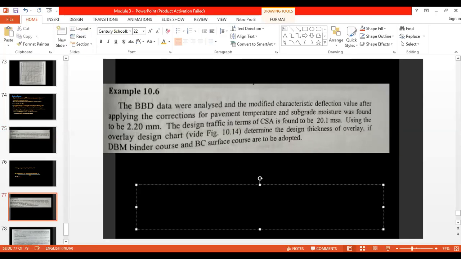DCM is equal to 2.20 mm and the CSA value is equal to 20.1 MSA. Go to the previous chart and obtain the overlay thickness value. Yes, DCM is 2.2.